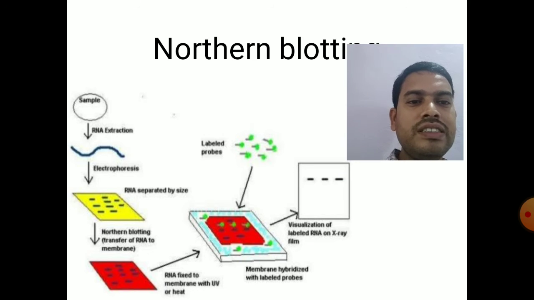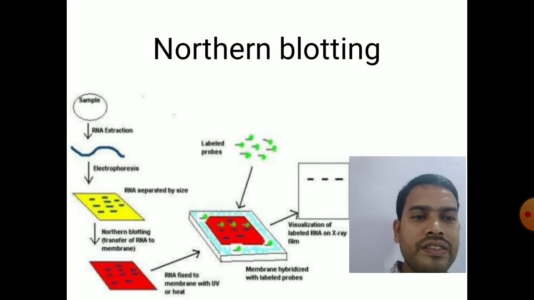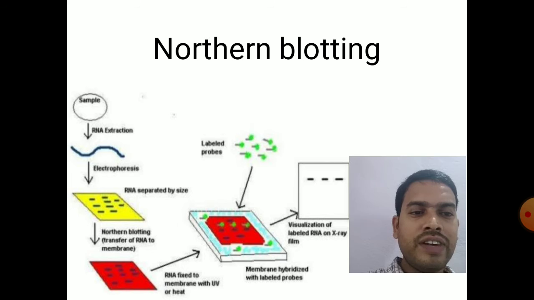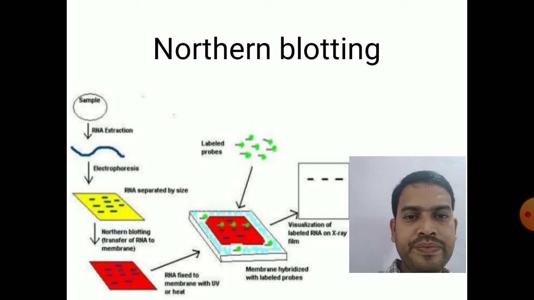The next one is Northern blotting. As I mentioned, it is used for the identification of mRNA of interest or an RNA fragment from the entire RNA genome. Generally, RNA genome containing viruses and all organisms can be used for the identification of RNA of interest.